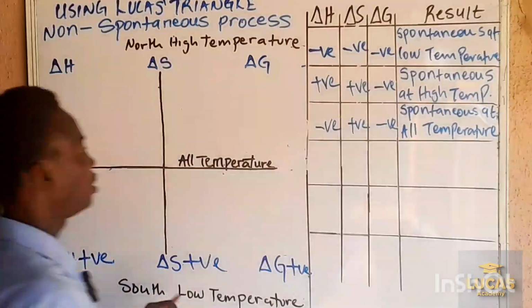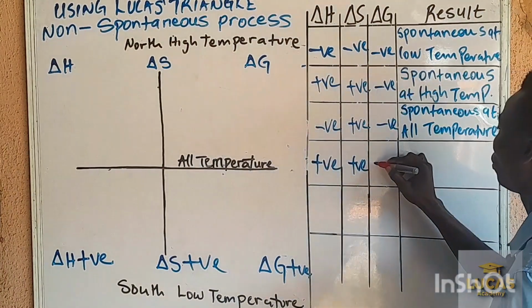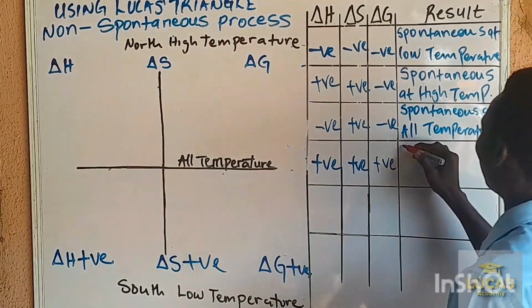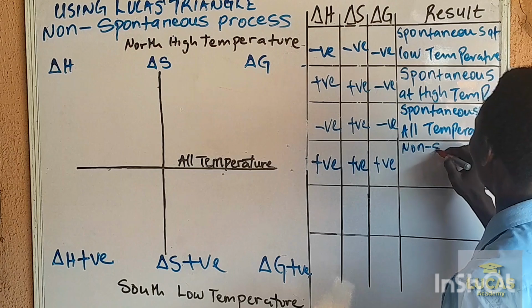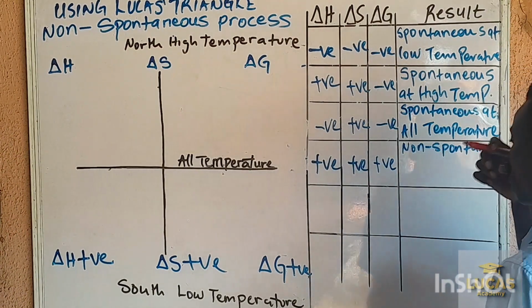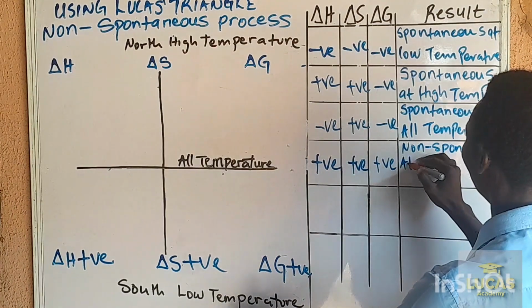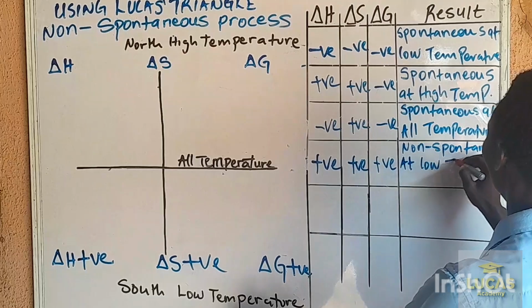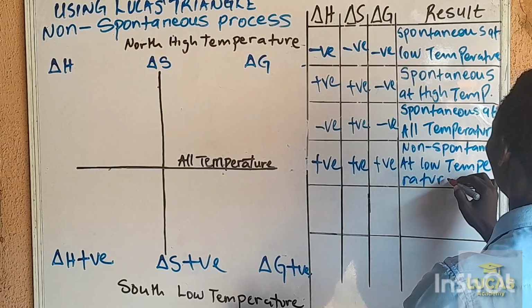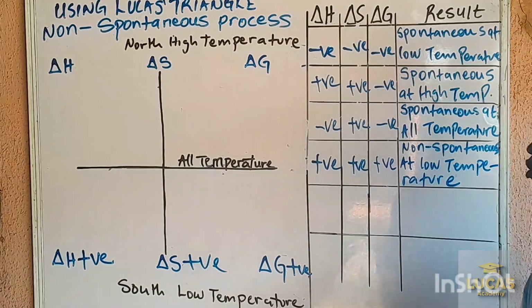Now, when this is positive, positive, also positive, what can we say about that? We can say non-spontaneous at low temperature.